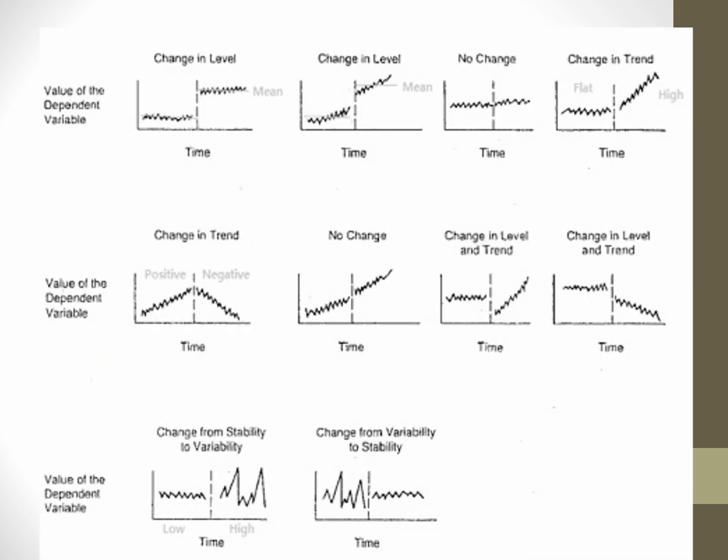So here are several example graphs. You are going to use the terms level, trends, and variability to interpret a graph. So for example, let's take a look at the very first graph. There is an obvious change in level.